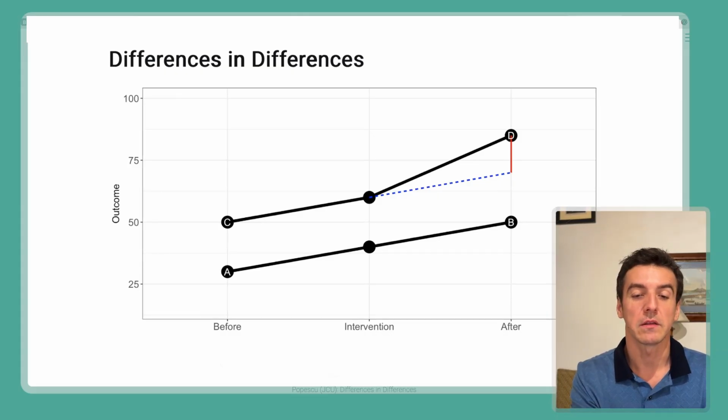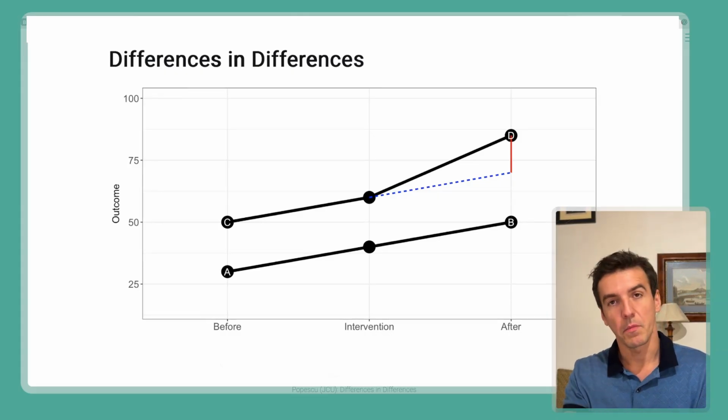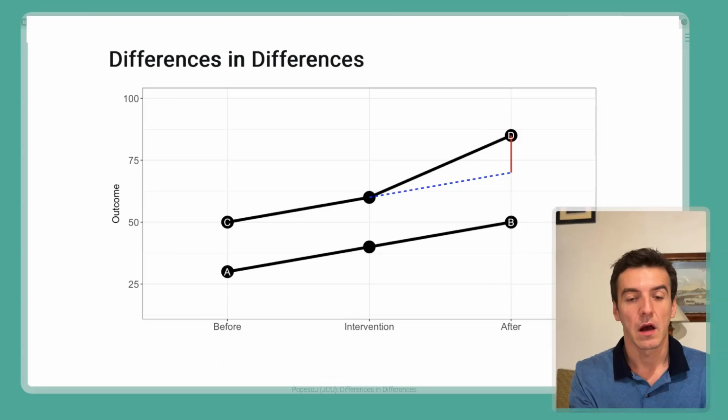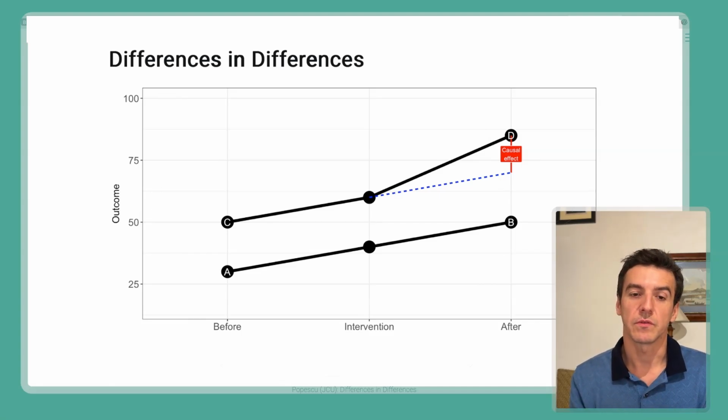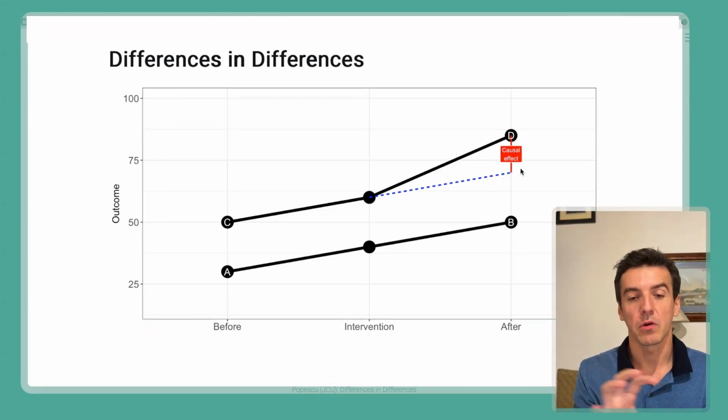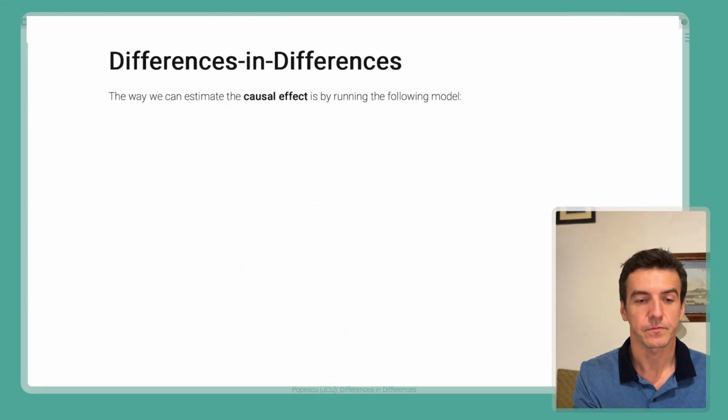So that is why the difference between these parallel lines is really the causal effect. I hope this makes it very clear, at least visually, how differences in differences work. So this allows us to see what is the causal effect of this policy change.